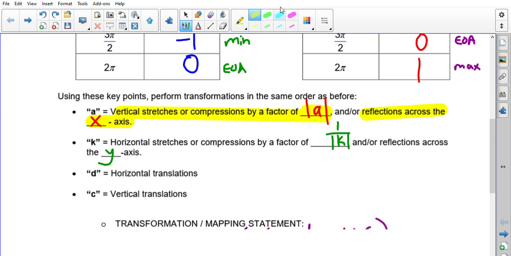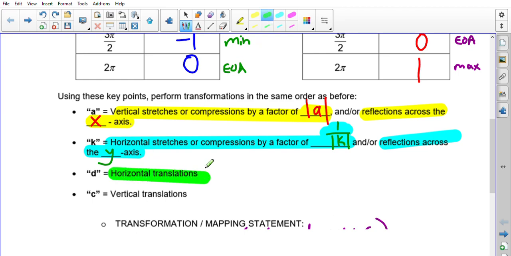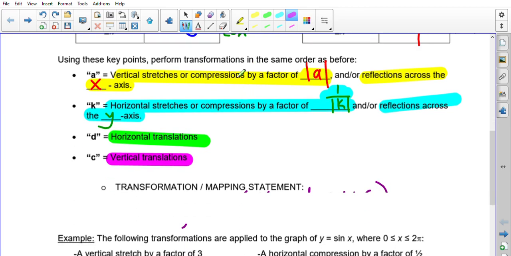All right, our next one is K. K deals with horizontal stretches or compressions by a factor of 1 over the absolute value of K, and or reflections across the y-axis. And we know D is our horizontal translations, and C is our vertical, same as always.